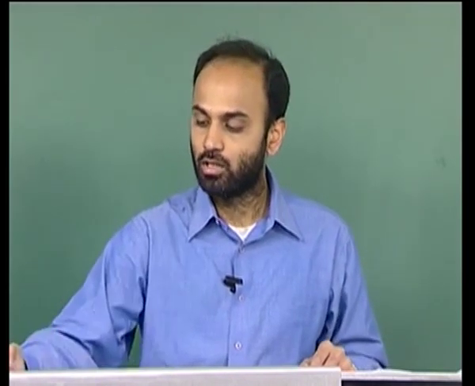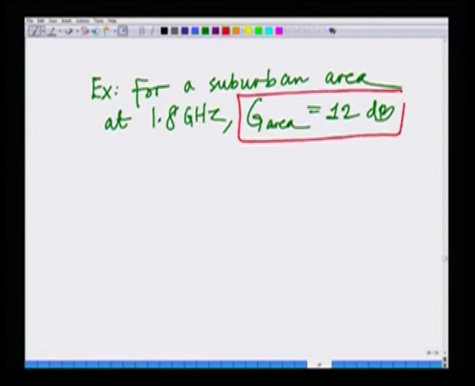All right. So, that G area factor is 12 dB for this suburban area. So, that comprehensively characterizes the Okumura model.